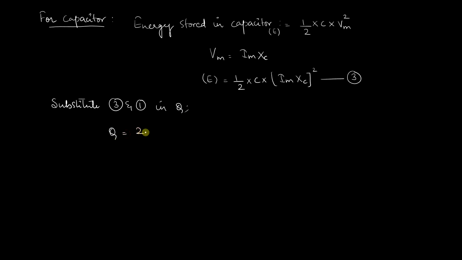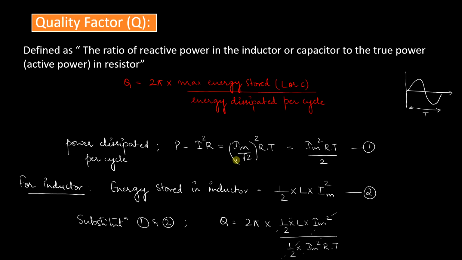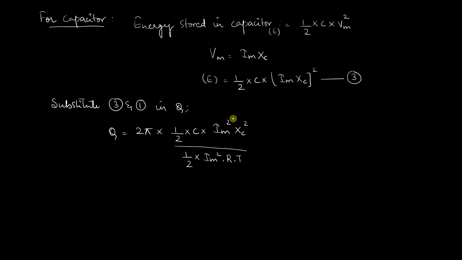So Q is equal to 2 pi into half into C into Im square into Xc square divided by half into Im square into R into T. That is your equation number 1. Here Im gets cancelled, half gets cancelled, so what remains is 2 pi into C into Xc square divided by R into T.